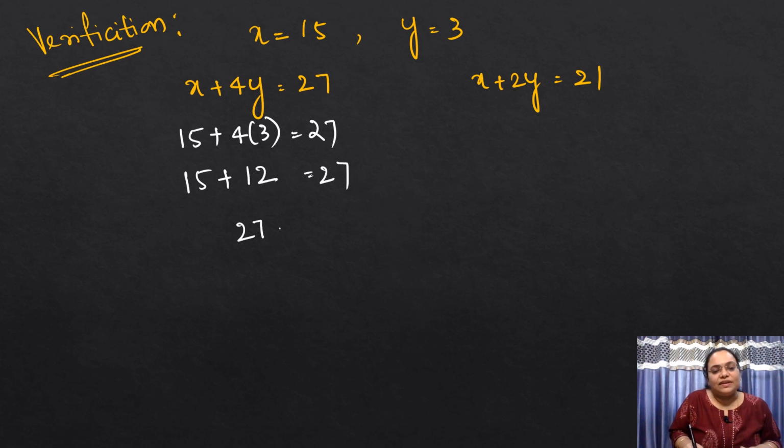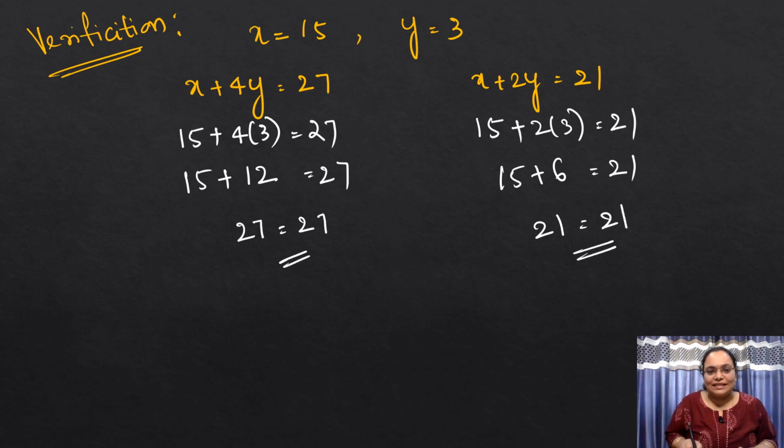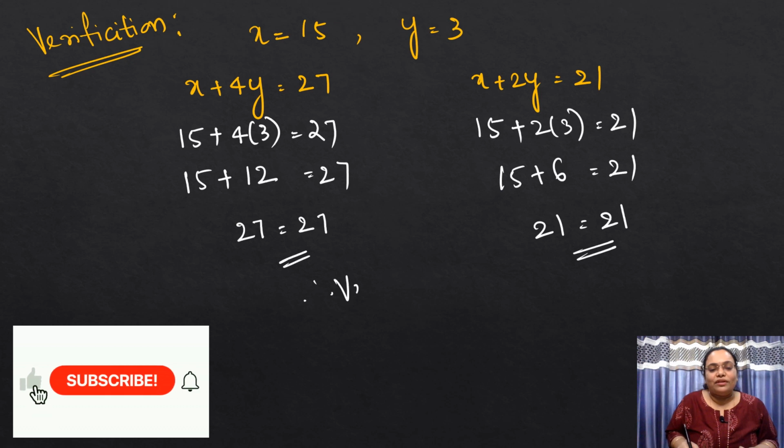So 27 is equal to 27. It satisfies. The next equation is 15 plus 2 into 3 is equal to 21. 15 plus 6 is equal to 21. 21 is equal to 21. This also satisfies. Therefore, verified.